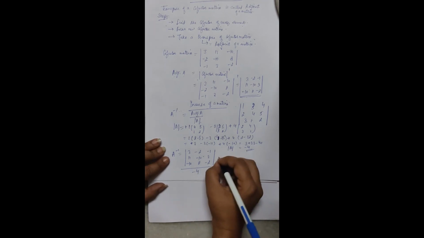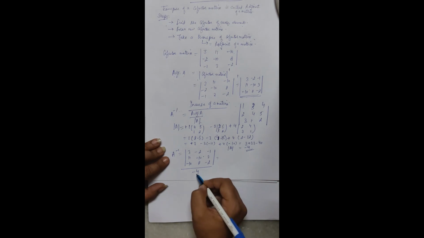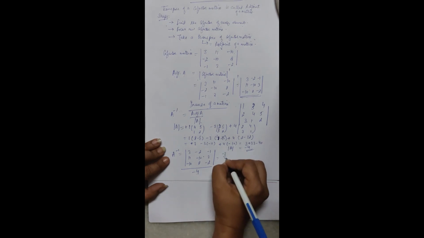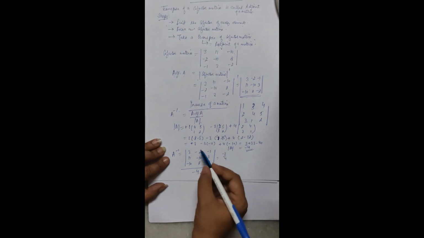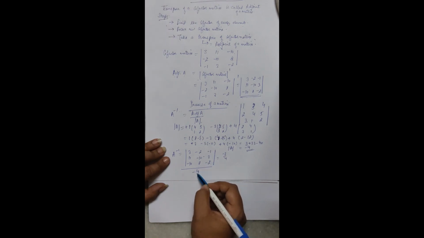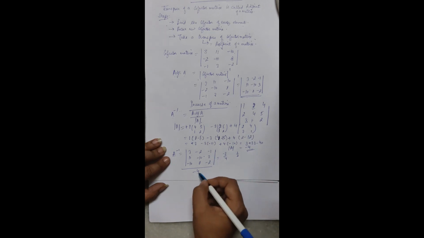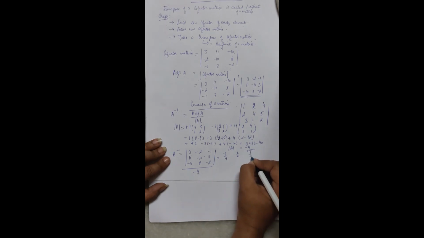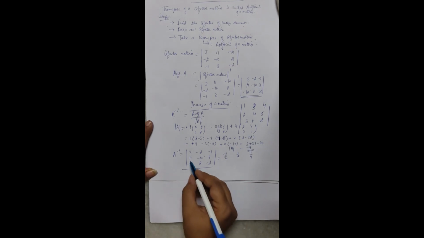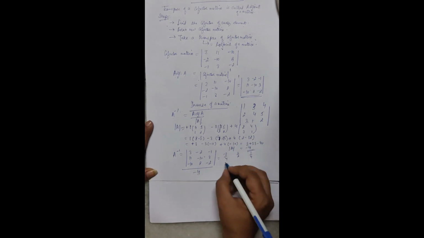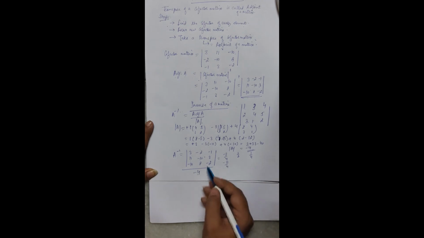So what I will get as 3 divided by minus 4, so minus 3 by 4. Minus 2 by minus 4 means 1 by 2, right? Minus 1 divided by minus 4, it's 1 by 4. Next is 11 divided by minus 4, it's minus 11 by 4.